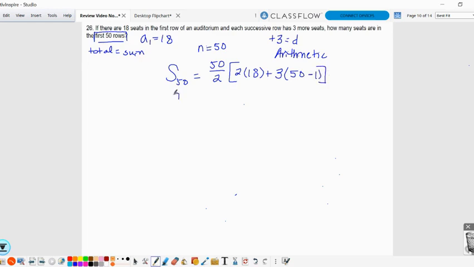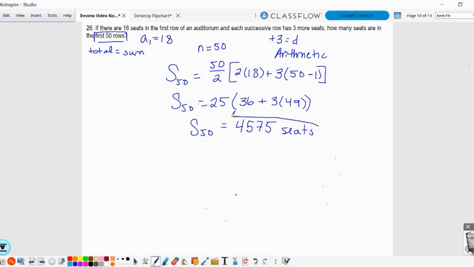Of course, as you're evaluating, don't forget PEMDAS. And when we evaluate that on the calculator, we get 4,575 seats.